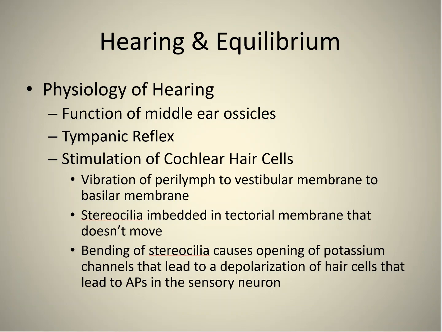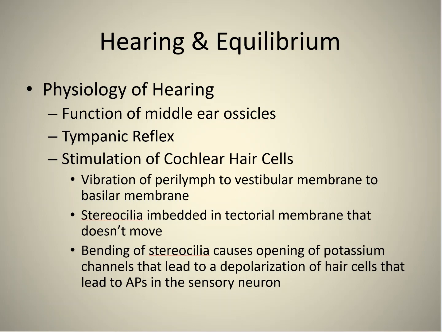So now let's look at the physiology of hearing, the function of the middle ear ossicles. What do they actually do? Well, they essentially amplify the waves, because we have waves in a very thin medium, air, that have to be conducted to waves in a thick medium, the perilymph in the scala tympani inside the cochlea.